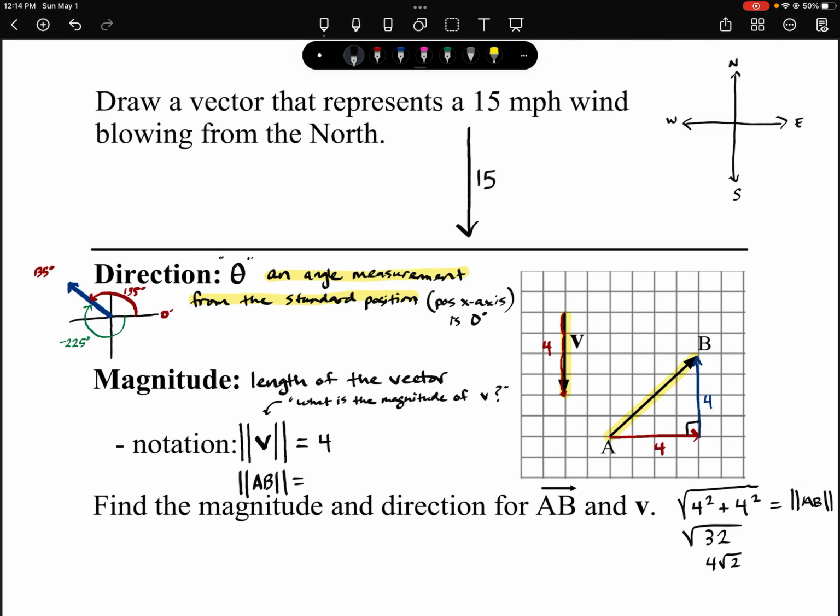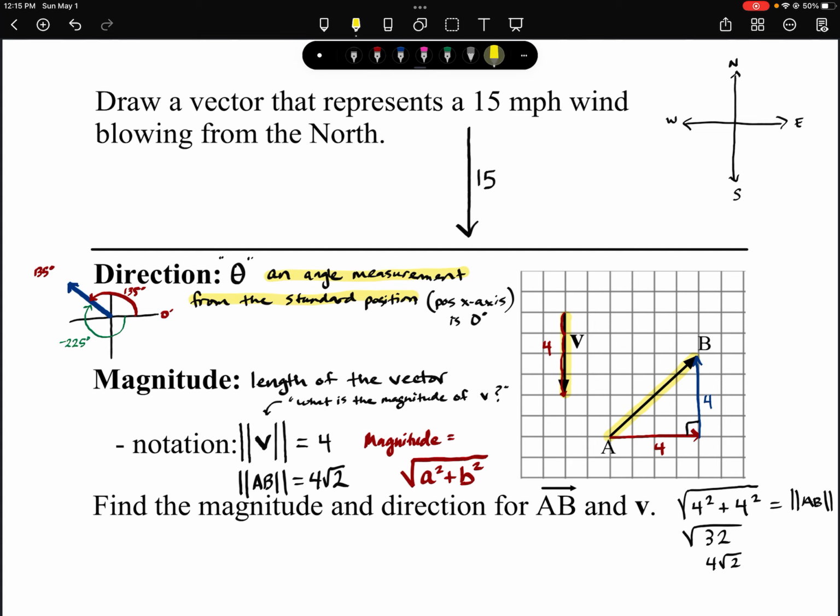So that is our magnitude for vector AB. If you wanted to write down a little formula, the magnitude should always equal the square root of the horizontal component squared plus the vertical component squared. That's like our a squared plus b squared equals c squared, or the distance formula. All right, so let's jump down here, and it says find the magnitude and direction.